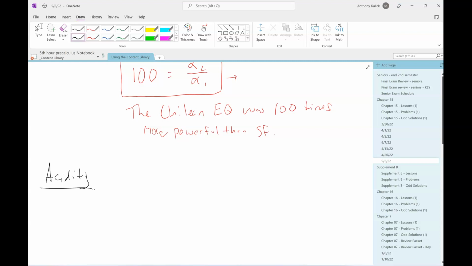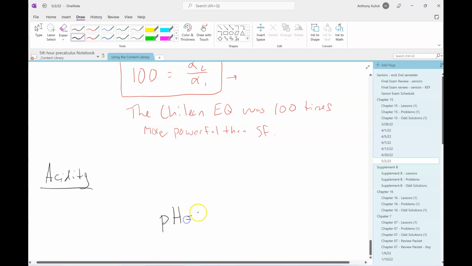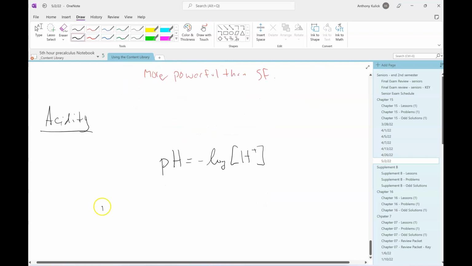Yeah, oh that. So the pH is another logarithmic scale. So the pH is your relative acidity.